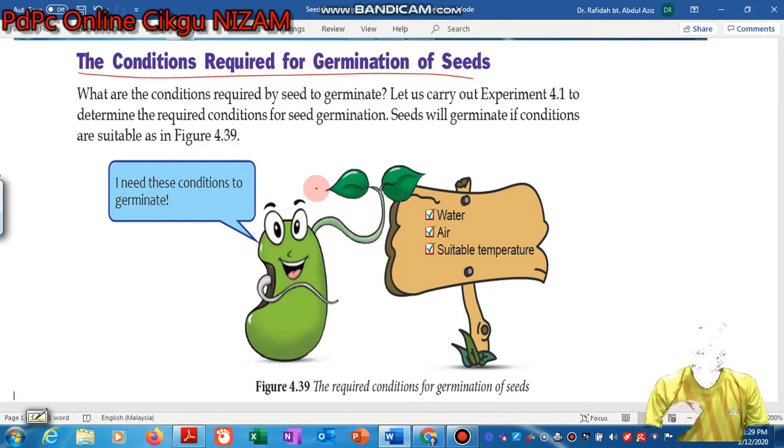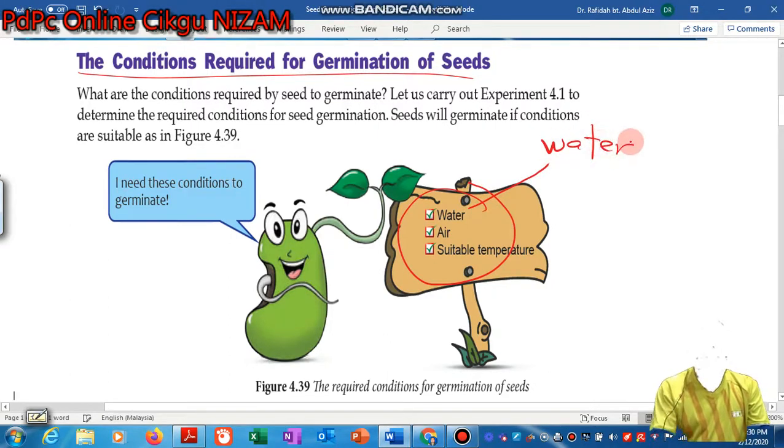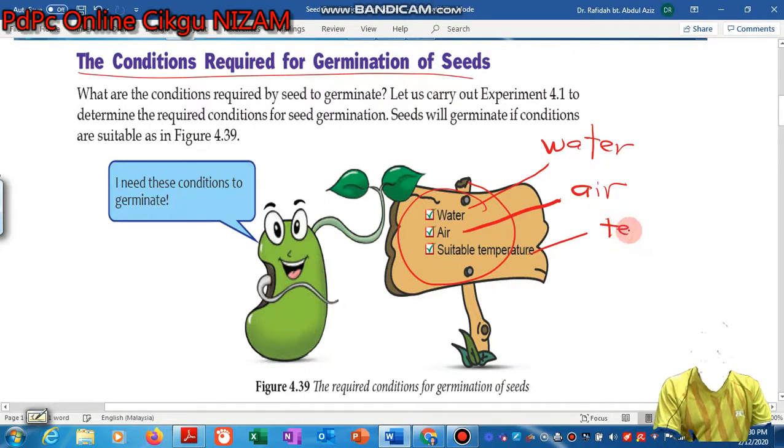So in conclusion, we can say that seed require three factors given here. The first one is water. So seed require water. The second one is air. And the third one is temperature, suitable temperature.